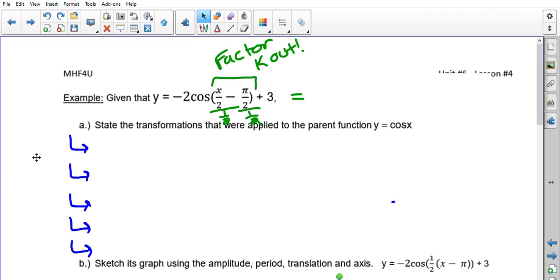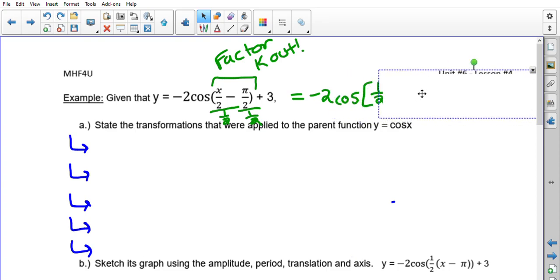All right, it says, given this equation, we have to state the transformations that were applied to the parent function cos x, and then we're going to sketch the graph using its characteristics. So the first thing we're going to do here is factor k out. As you can see, the coefficient in front of x is 1/2, so we're going to divide that out. So we have negative 2 cos, and then we took out the 1/2.